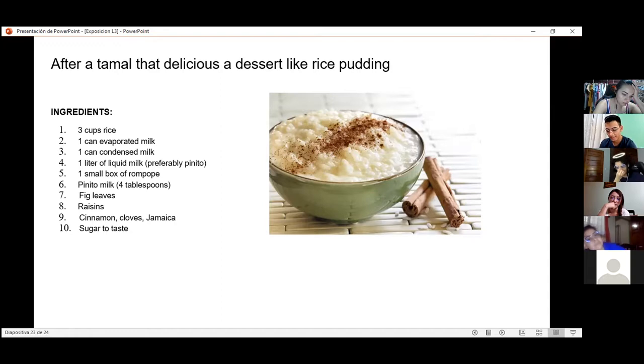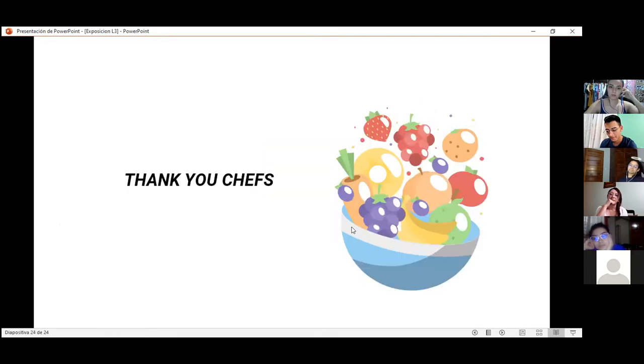When they are almost soft, add the rest of the liquid milk with the raisins. Then the evaporated milk, then the sugar to taste, and finally the condensed milk and the evaporated milk to taste. Finish. Next. Thanks, chef.